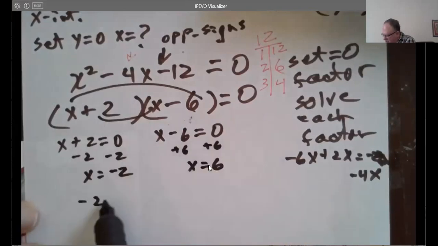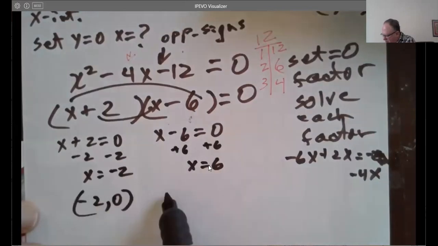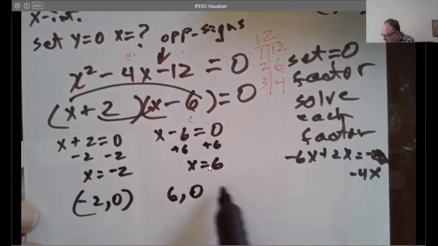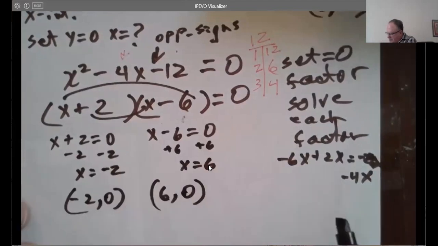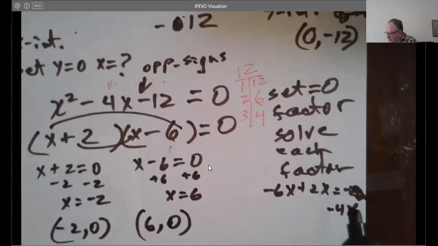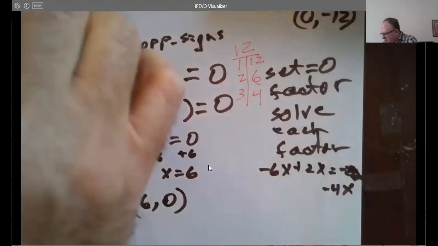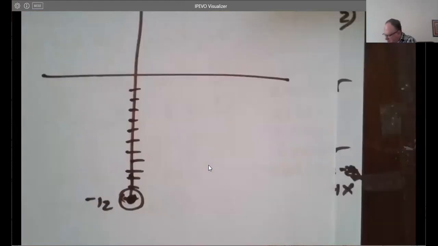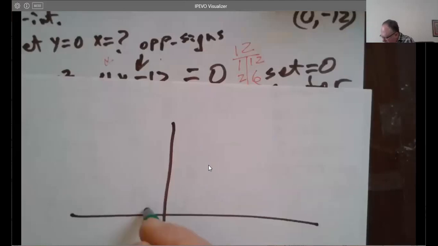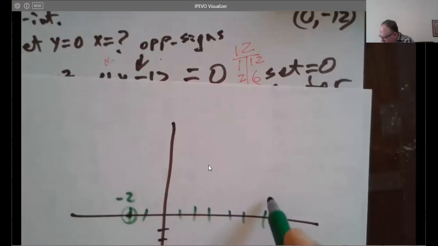So our x-intercepts are negative 2 and 6. Okay, so we found our y-intercept was 0, negative 12. And our x-intercepts are going to be negative 2 and 6.